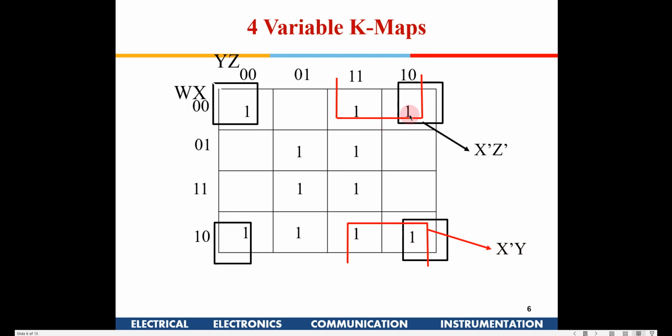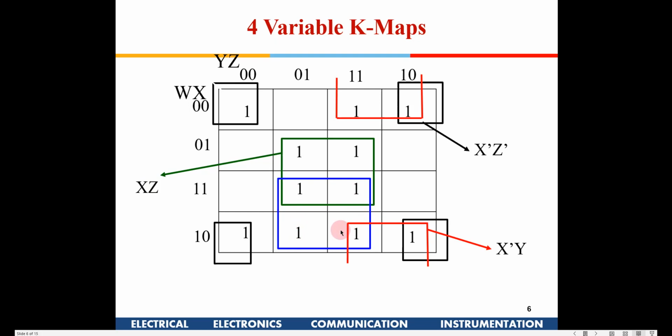If you see these 2, y is remaining constant and x is 0 for the red ones. So you have x bar and y, and then you can make this also a 1 box. That comes out to be xz. So 1 is remaining out here. Again you can make this box, so 2-3 combinations are possible.